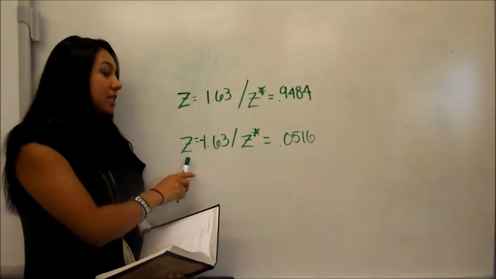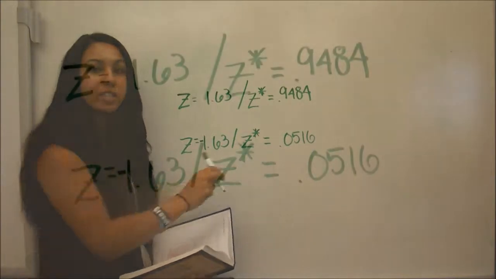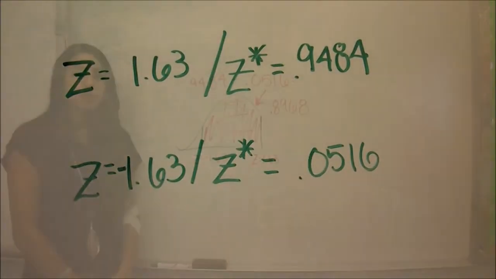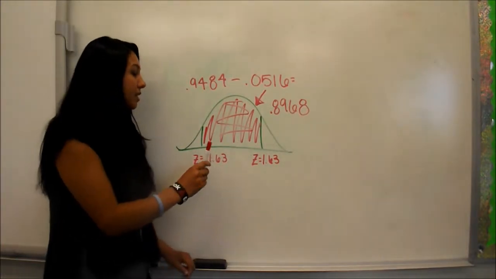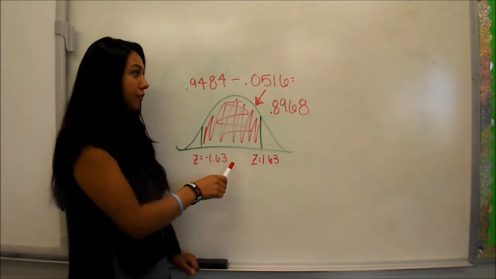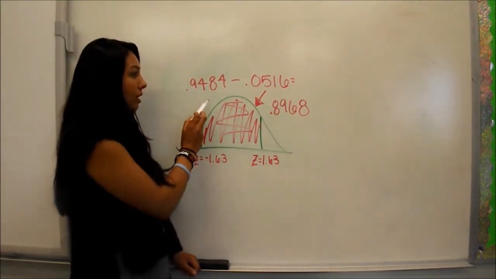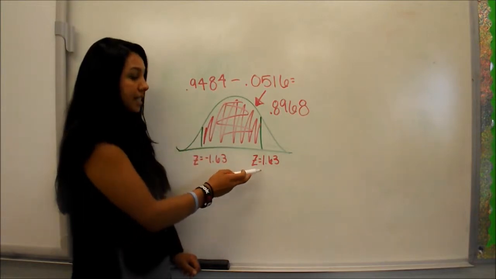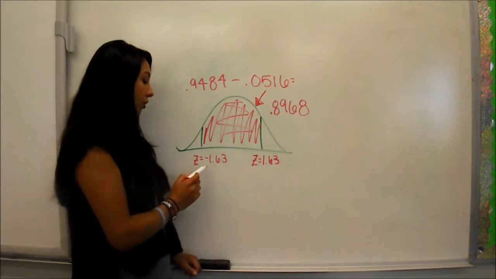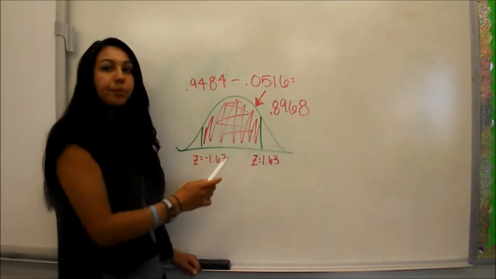And when z equals negative 1.63, the area is 0.0516. Okay, so this displays the probability of the areas under a standard normal curve. And what you do to find this probability is you do 0.9484, which we got from z equals 1.63, minus 0.0516, which we got from negative 1.63, and that equals 0.8968.